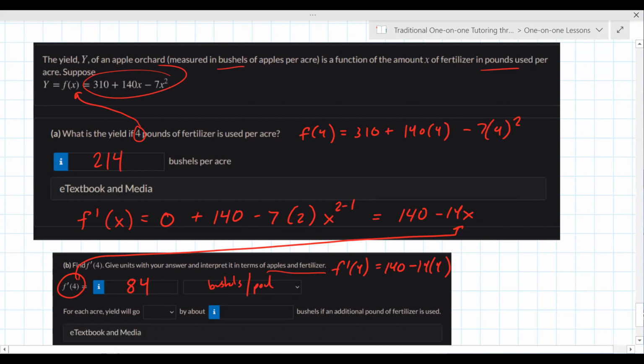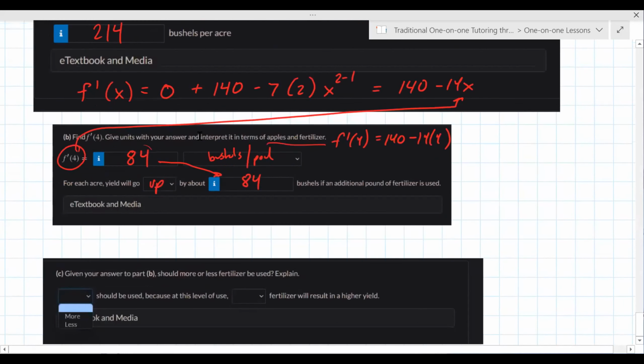Well, maybe try. It should be bushels per pound. So this will go up, and it goes up because the derivative is positive. It's strictly based on the sign there. So that's 84 bushels because these numbers match right here. Then for the last one, what is it?